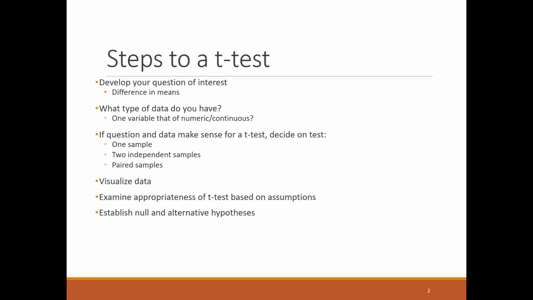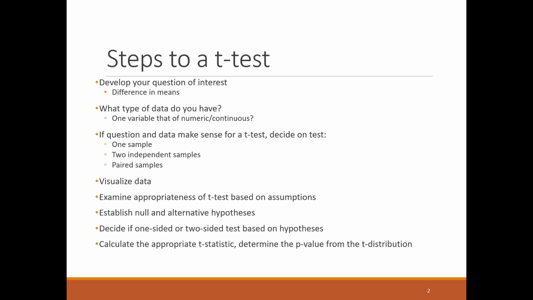So once we are set and decide on a t-test, whether that's a one sample, two independent sample, or paired sample test, we need to set up null and alternative hypotheses. We also need to decide if it's a one-sided or two-sided test, and we illustrate this in our hypotheses.